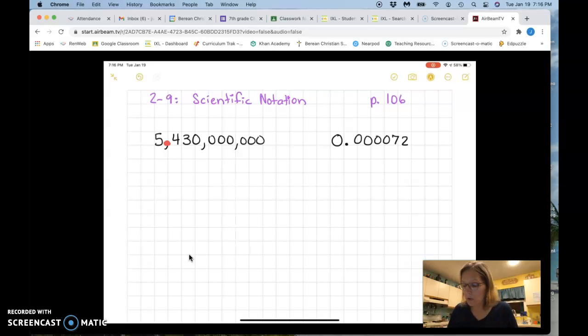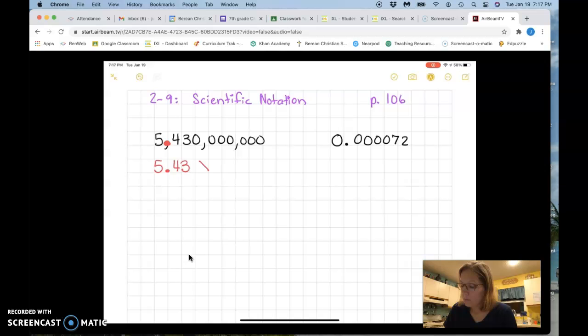That's where my decimal is going to go. Because now I have the number 5.43. And I'm not going to write the zeros. I don't need those anymore. But just write all the numbers that are not zero. So 5.43, you're always going to have some number, point, and then something else.